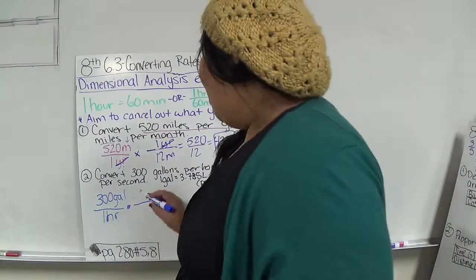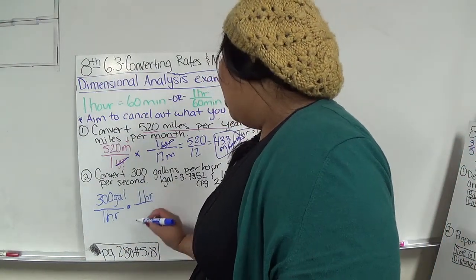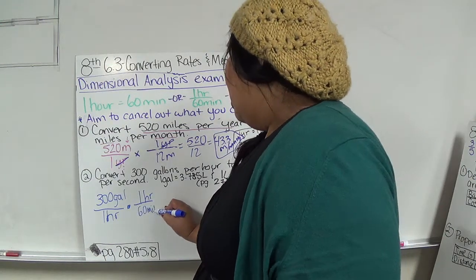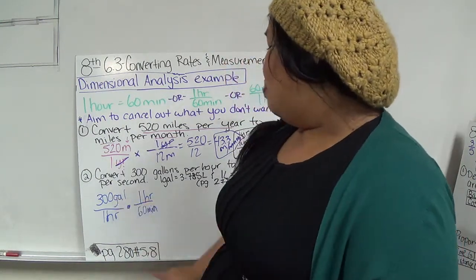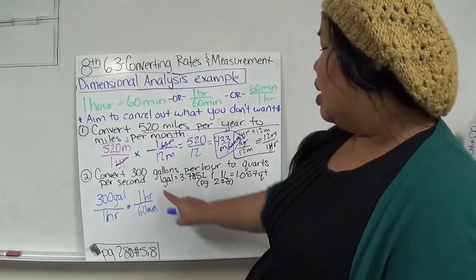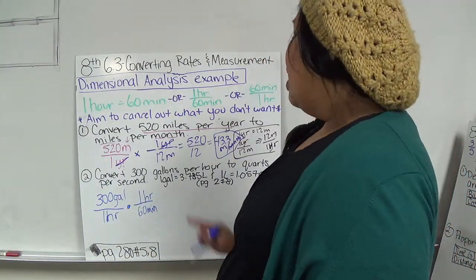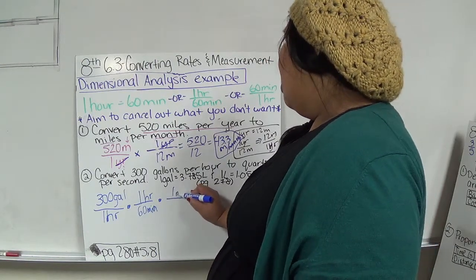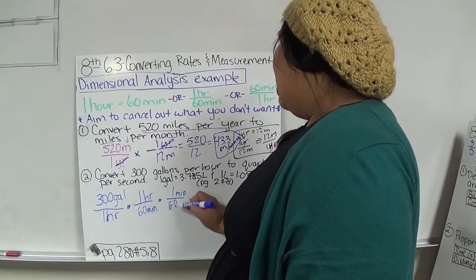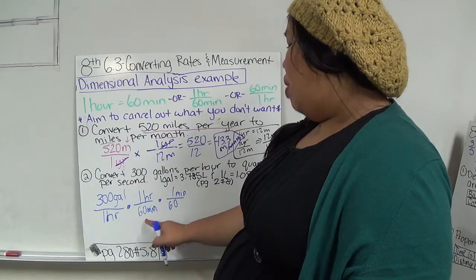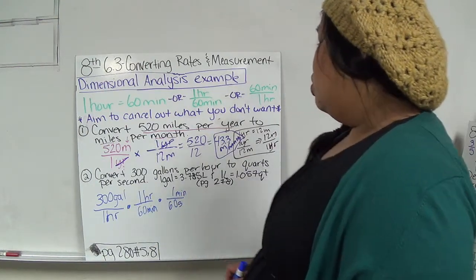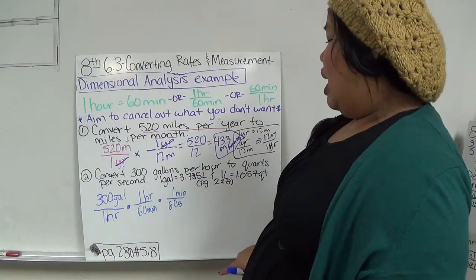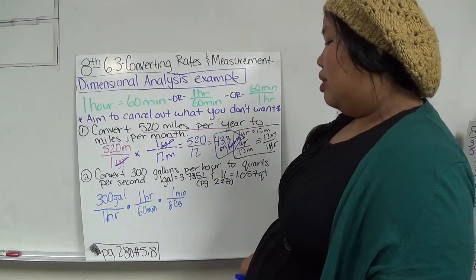Now I want to get rid of hour, so I'm going to put hour here, and then 60 minutes. If hour was on top, then I would flip them again, because I want to cancel out what I don't need. And I do know that 1 minute is 60 seconds. And again, I put minute on top because minute here is on bottom. So this minute and this minute cancel out, leaving me with just seconds. Okay?